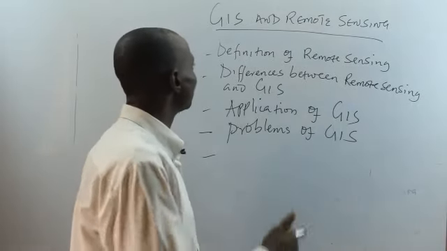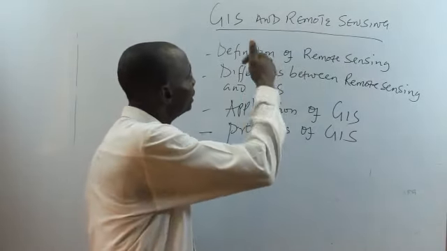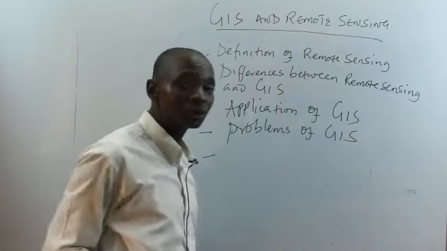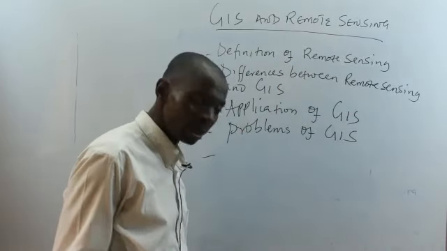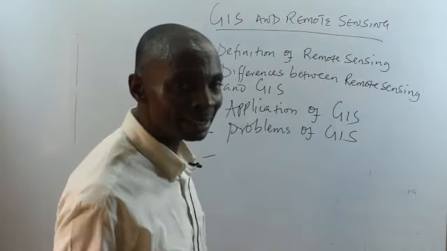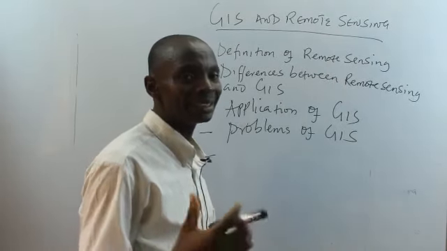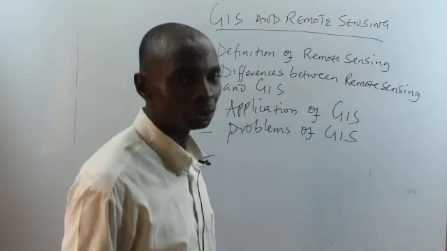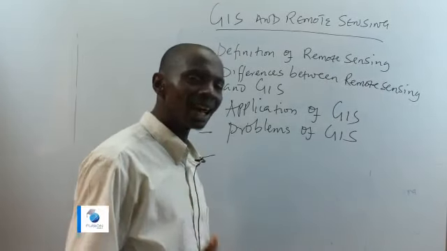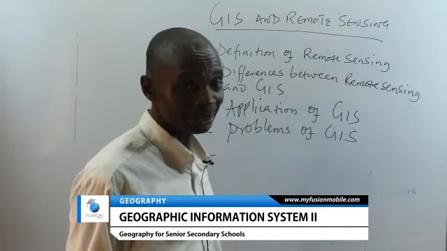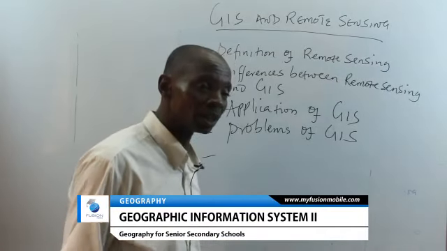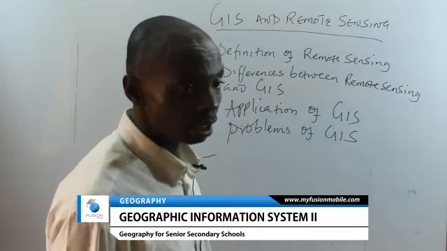Now, there is a difference between GIS and remote sensing. What do we mean by remote sensing? Remote sensing is the science of capturing data or information without necessarily having body contact with it. I think all of us use a phone camera or camera phone.